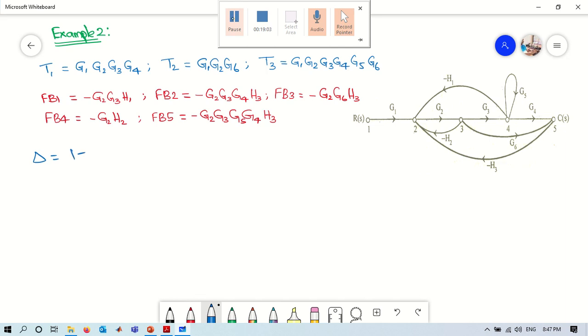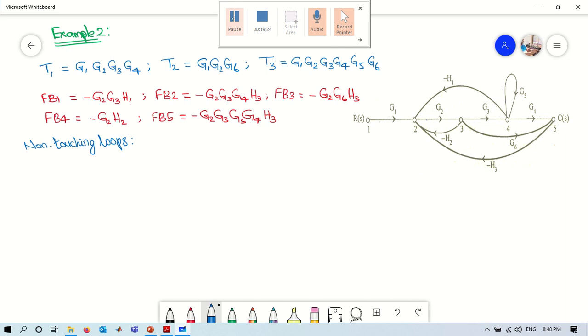Before that, we need to find the non-touching loops. The concept of non-touching loops is that none of the nodes should be common.